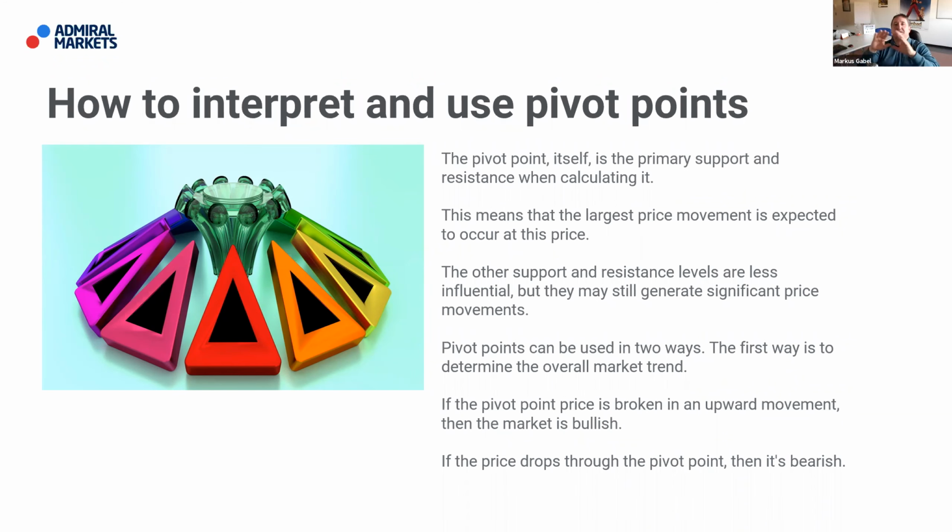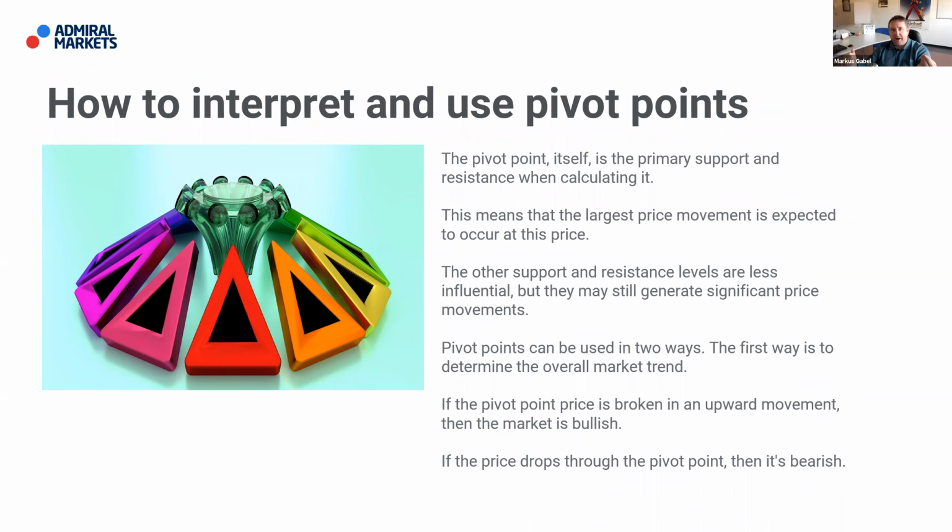But this is a special question. In trading, we don't need any kind of discussion, because the answer is really easy. What is more important, the price or the pivot point? Because the pivot point is based on the price.